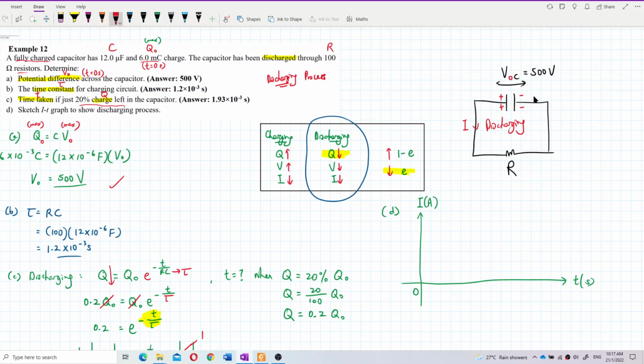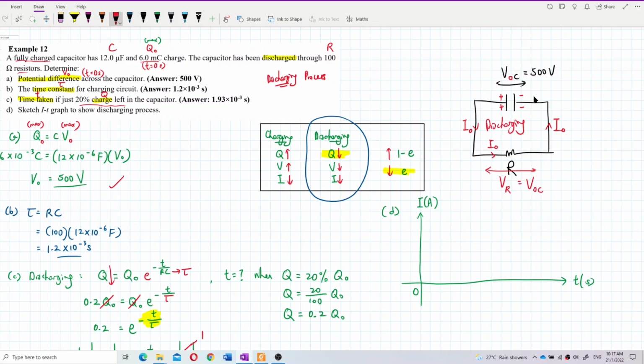You will also have the maximum current passing through the resistor. So VR is also maximum, equal to V naught C.